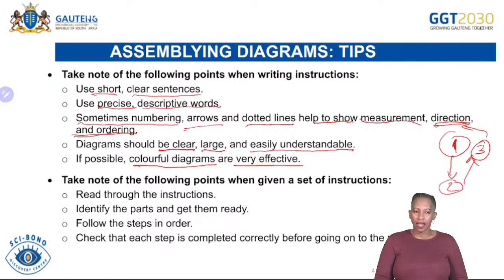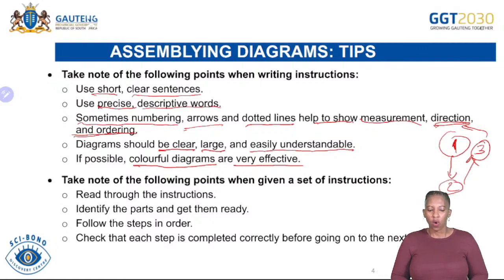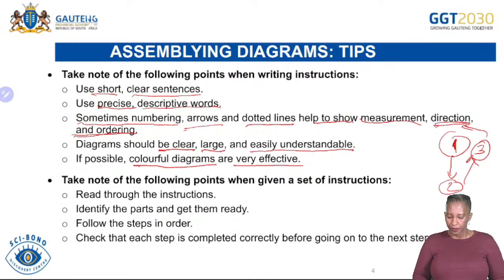So if it is colorful, then I'll be able to say, oh, okay, looking at this instruction, looking at the real object, they are saying I must use this screw, and looking at the picture of the screw and looking at the real screw, then I'm able to relate the two and say, oh, okay, this is what I must do. Then I'll pick the correct item to put at the correct place.